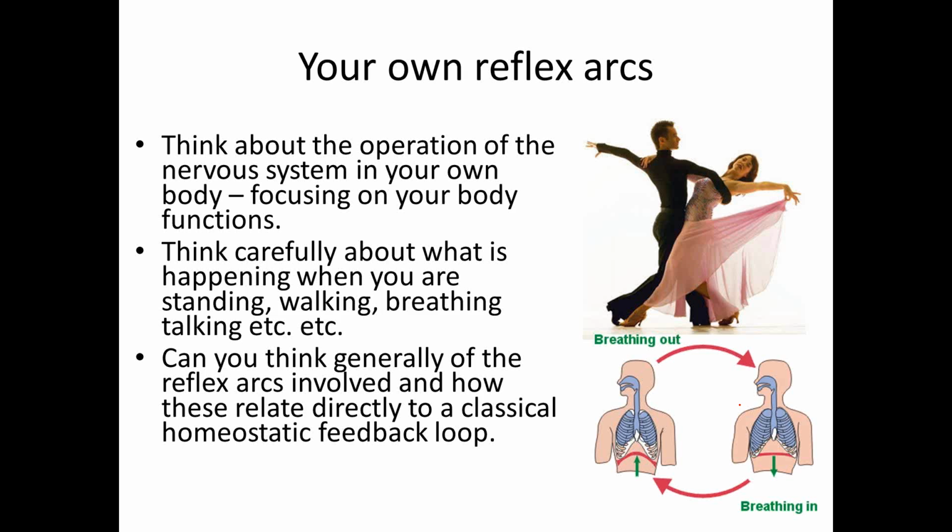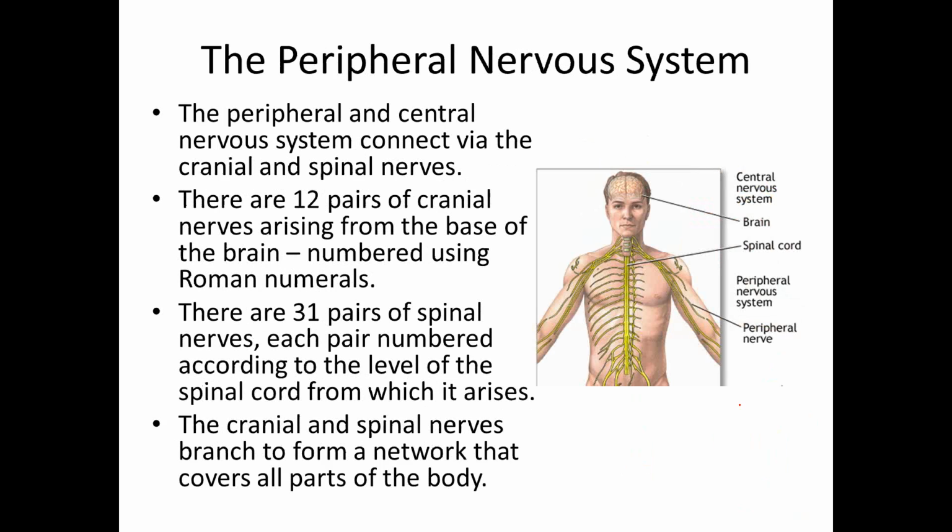I want to return now to have a look in more detail at the structures of the nervous system and what they do. So first of all, in this diagram, we can see the nervous system, slightly cut down a bit, but it explains the two compartments: the central nervous system, the brain and spinal cord, and the peripheral nervous system coming off of that.